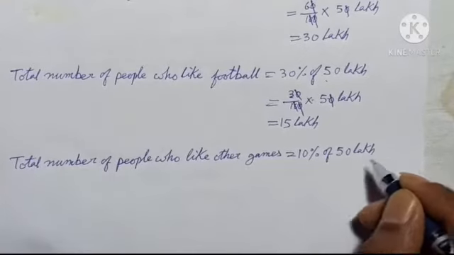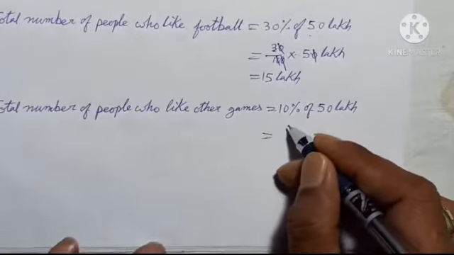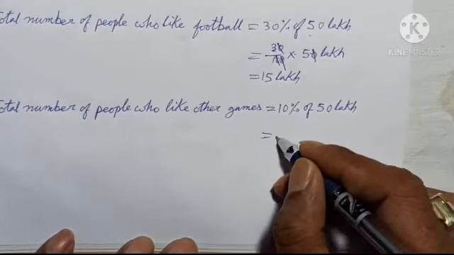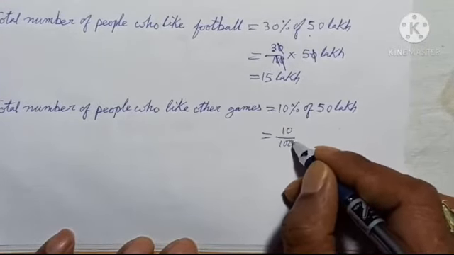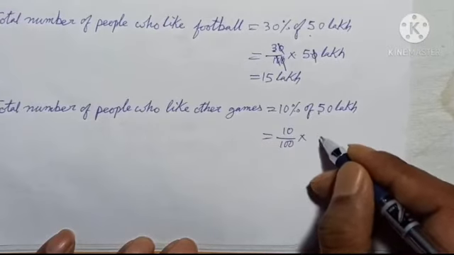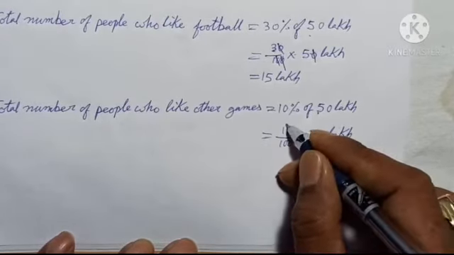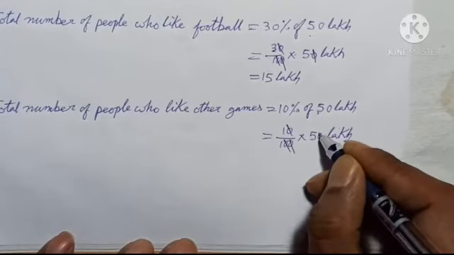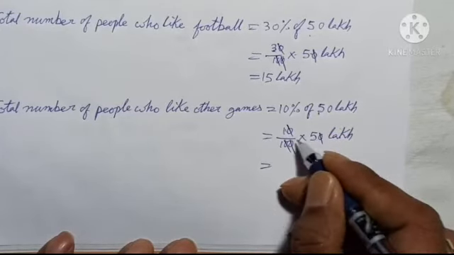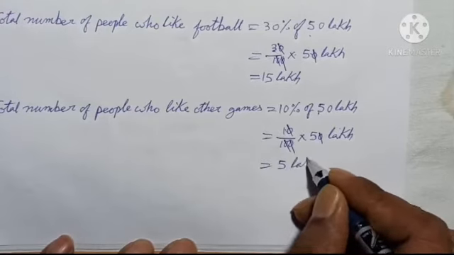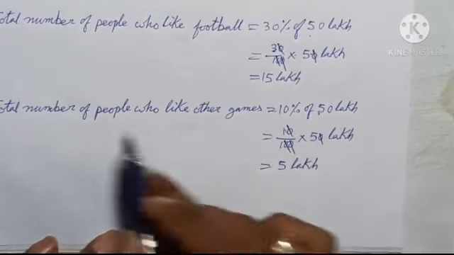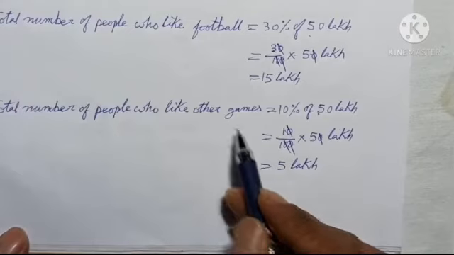Let's find out this value. 10%, if we leave this percent symbol, we can write as 10 by 100. Then of is multiplied, next is 50 lakh. 0 cancels, this 0 and this 0 are cancelled. Here is 1, here is 5. 5 into 1 is 5 lakh. So the total number of people who like other games is 5 lakh.